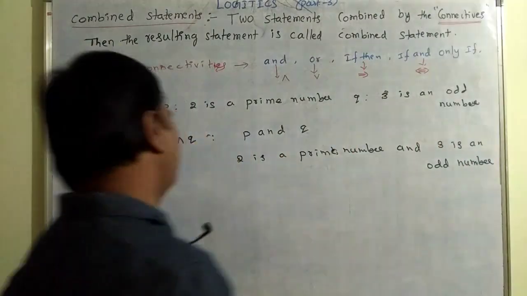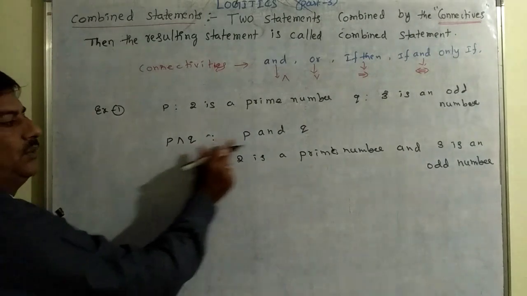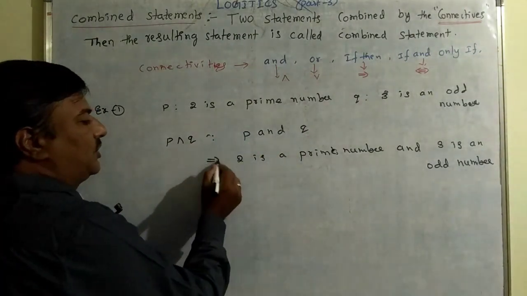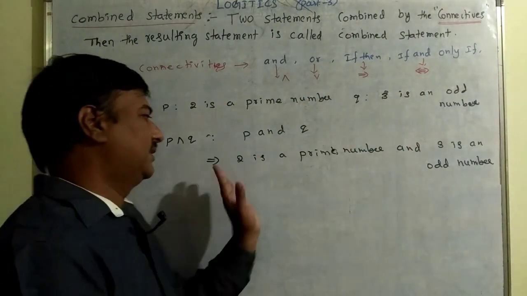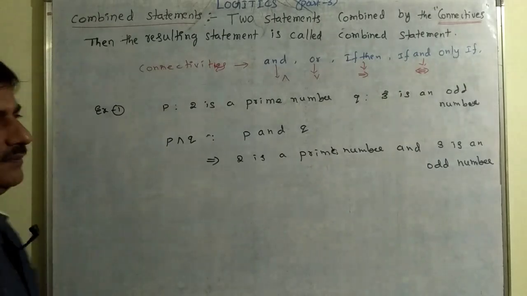This is nothing but P and Q. We can define it as P conjunction Q. This is the combined statement: 2 is a prime number and 3 is an odd number.